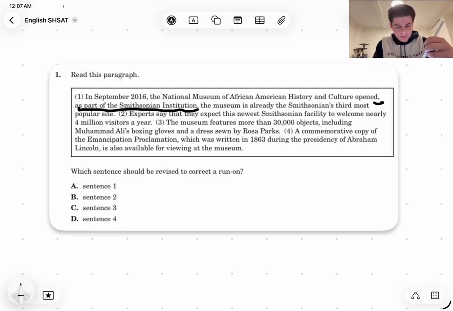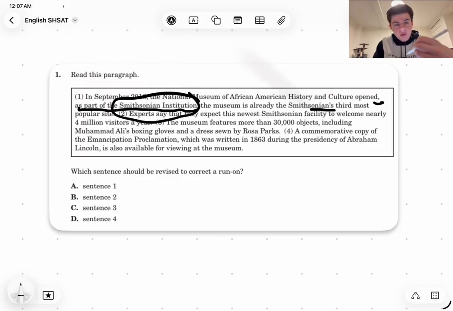Well, here, right, we're talking about the National Museum of African American and Culture. So now, it's just a little weird to kind of bring this in here, right? Because this is not really non-essential information. Here it says the National Museum of African American History and Culture opened, right? The museum is already the Smithsonian's third most popular site. I mean, this is pretty important to understanding this sentence, right?